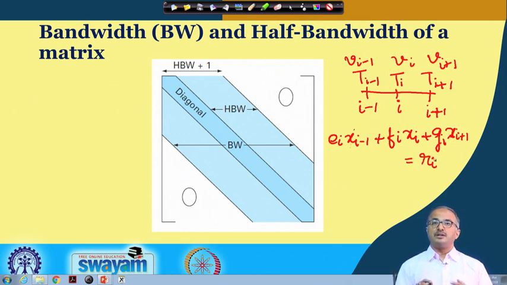Okay. So these are typical equations you get, and you see that in this equation you are not having the values at all the points, you are having only the neighboring points here.